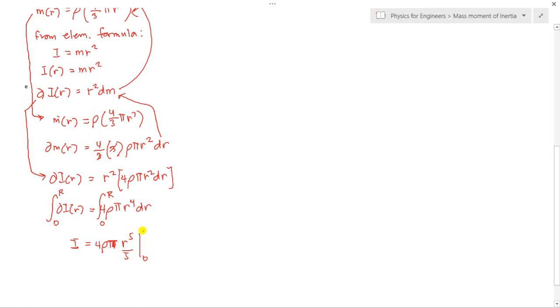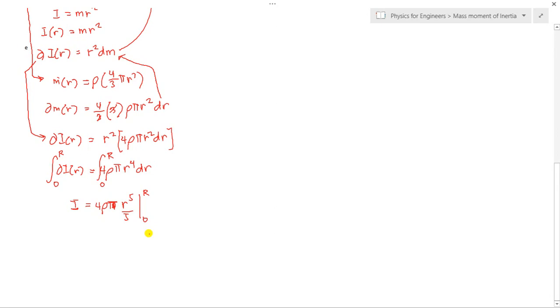Is that right, Mr. Pagas? R to the 5th over 5. Okay, so r to the 5th over 5, then from 0 to R. Then we're going to substitute R here, so that is 4 rho pi, then capital R to the 5th all over 5 minus 0 all over 5.